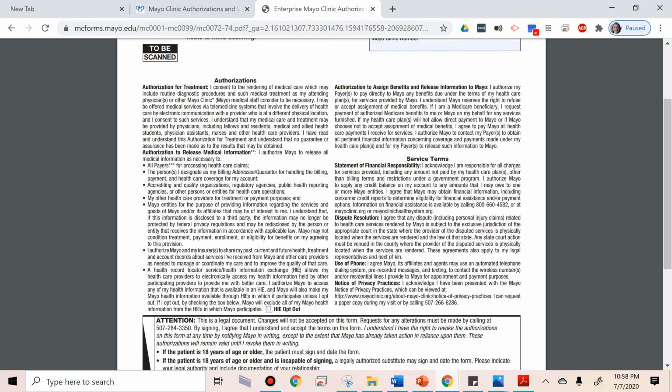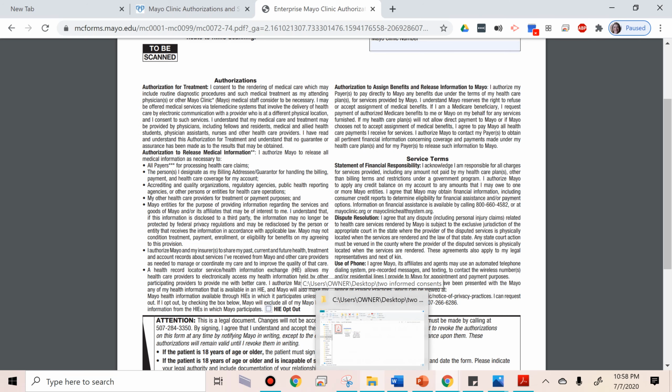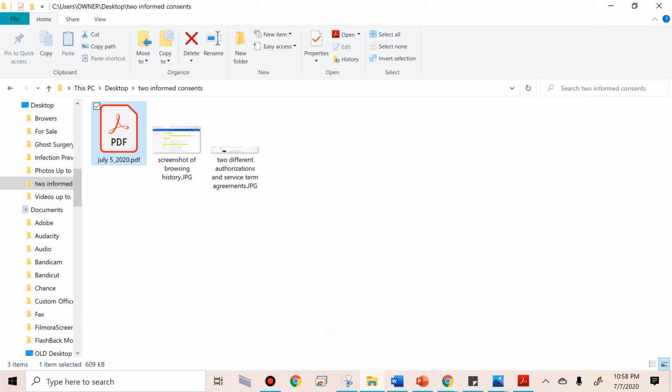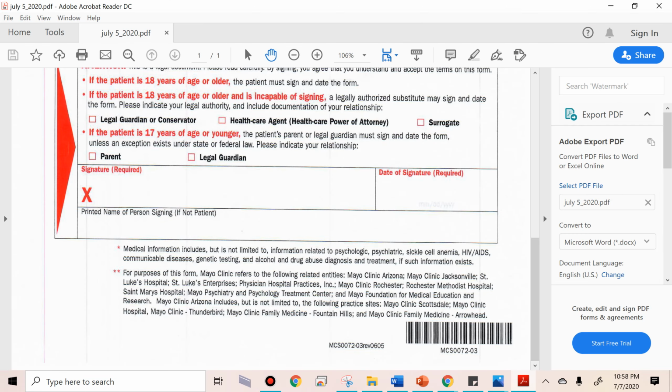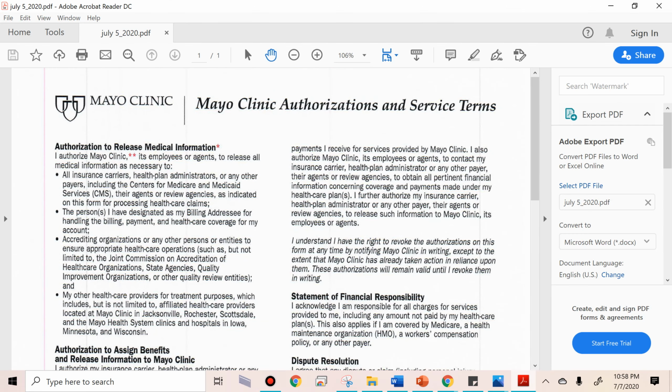But that form was not put up on their website until either yesterday or today, because on the 5th, this is where that link led us to, which talks nothing, absolutely nothing about authorization for treatment.